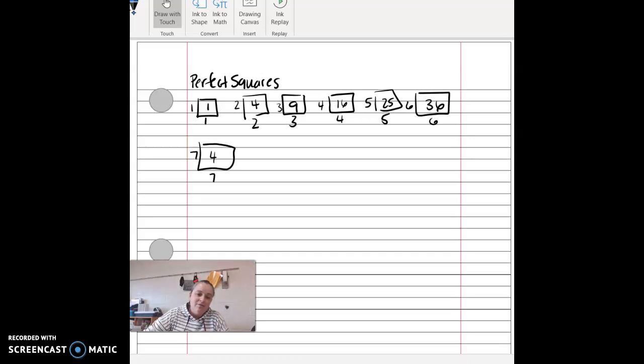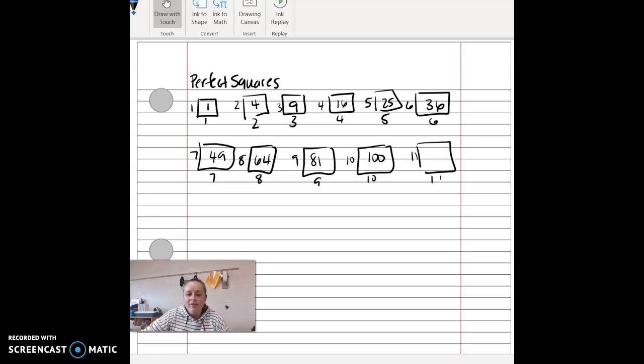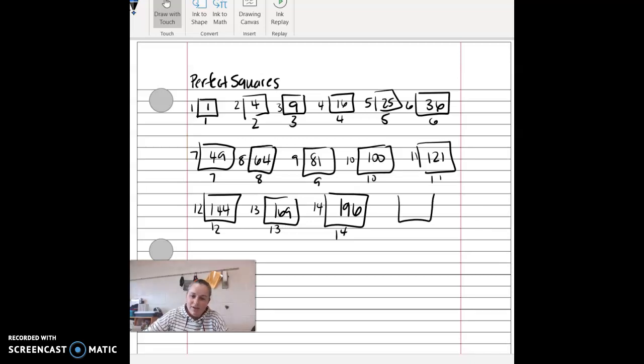7 by 7, 49. 8 by 8 is 64. 9 by 9, 81. 10 by 10, 100. 11 by 11, 121. 12 by 12, 144. 13 by 13, 169. 14 by 14, 196. 15 by 15, 225.